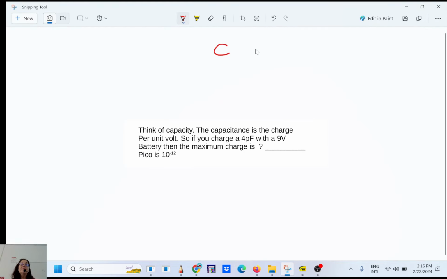Okay, so capacitance is by definition the amount of charge in coulomb per unit volt. So you see here that will be your capacitance because you have the unit farad. So capacitance equals 4 pico. You look at your equation sheet. Pico means 10 to the negative 12 farad.